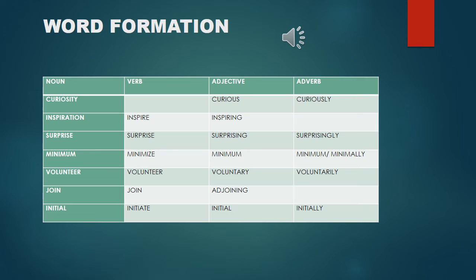So I highly recommend you do this frequently, or maybe if it is easier for you, you can do it on your PC. It would be more entertaining for you. Now, let's look at those examples. If the noun is curiosity, what are the other forms?